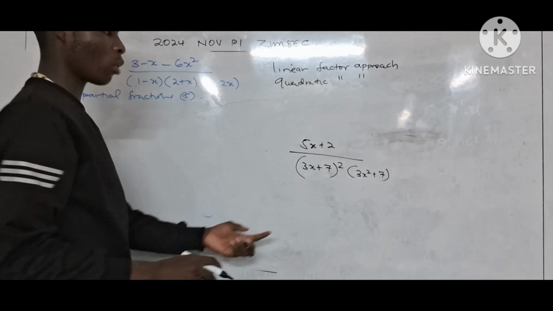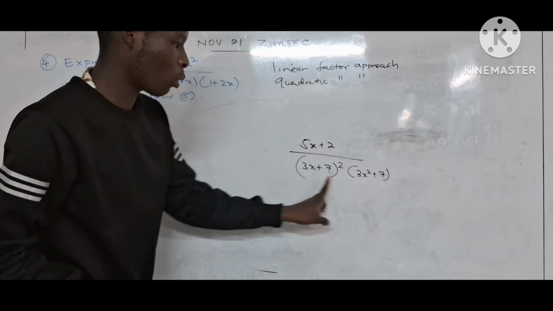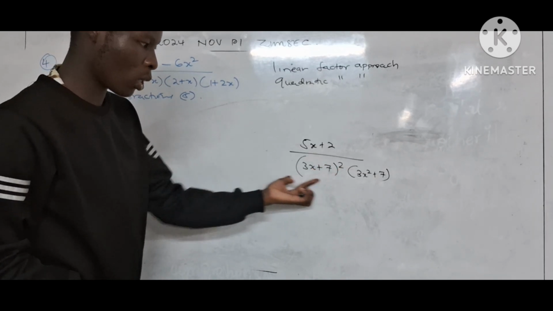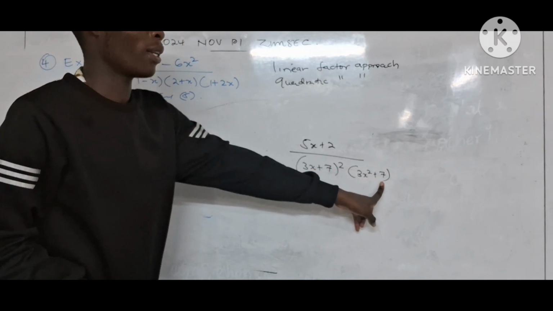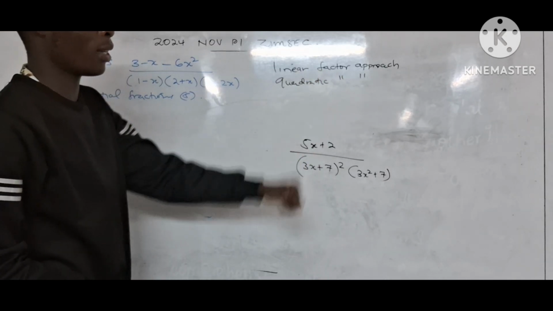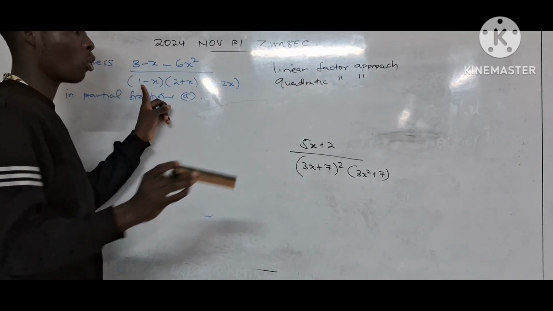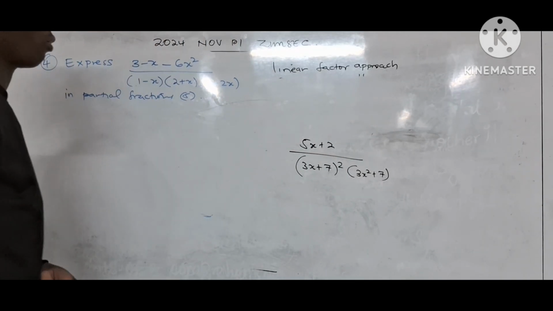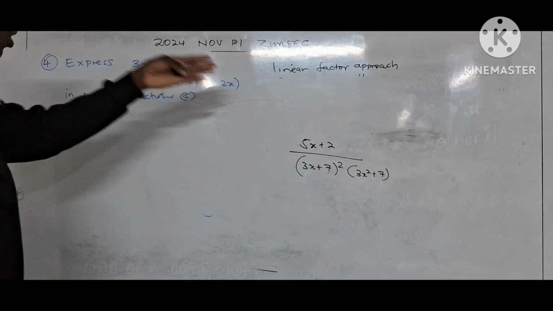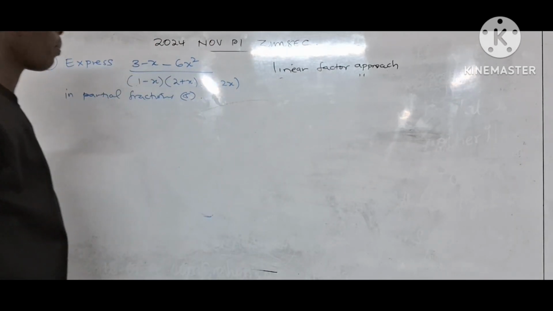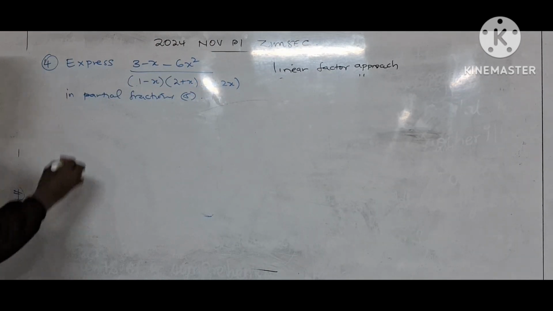Here you'll be talking of the quadratic factor approach and repeated factor approach, because this is a linear factor with a power, so it's repeated. Here I have a quadratic in the denominator, so I'll be talking about the quadratic factor approach. In this case, we don't have a quadratic factor. So this is the remaining part, the linear factor approach. So we are supposed to use the linear factor approach.